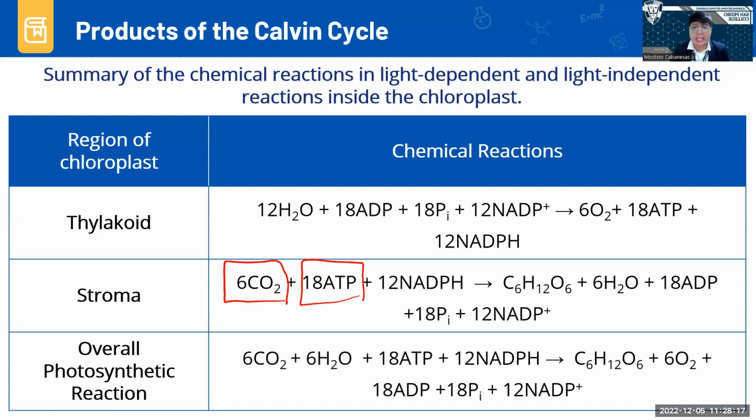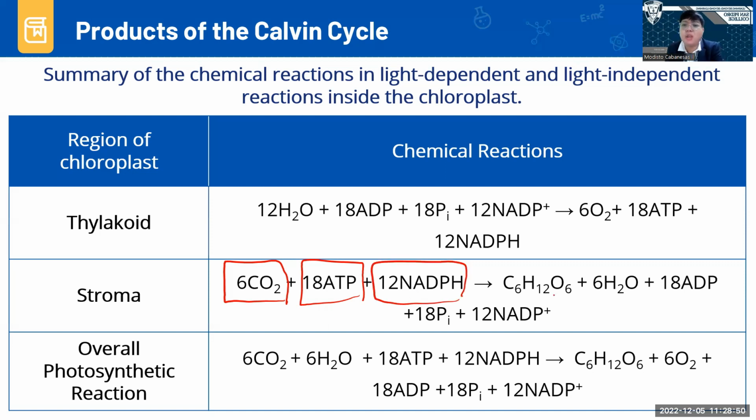So, 18 kay ATP. 9 times 2 lang siya. Then, bakit 9? Kasi 6 yung nagamit natin doon sa reduction plus 3 doon sa regeneration of ribulose bisphosphate. Kaya naging 18 siya. Then 12 NADPH. So times 2 lang natin. 6 lahat yung nagamit natin based doon sa example. So times 2, 12.